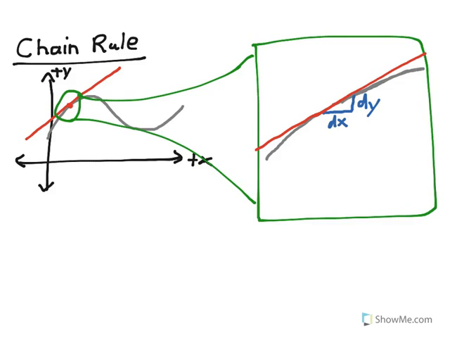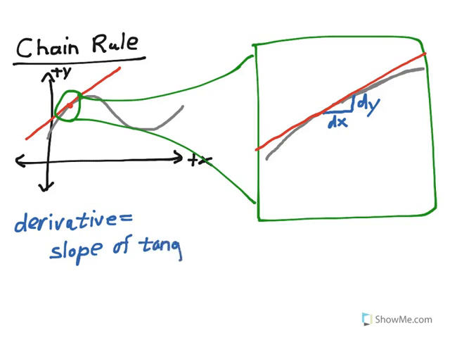Okay? So that's why the most accurate way to write the derivative is to say dy over dx. Because the derivative really is the slope of the tangent, which really is the rise, namely dy, divided by the run, which is dx.